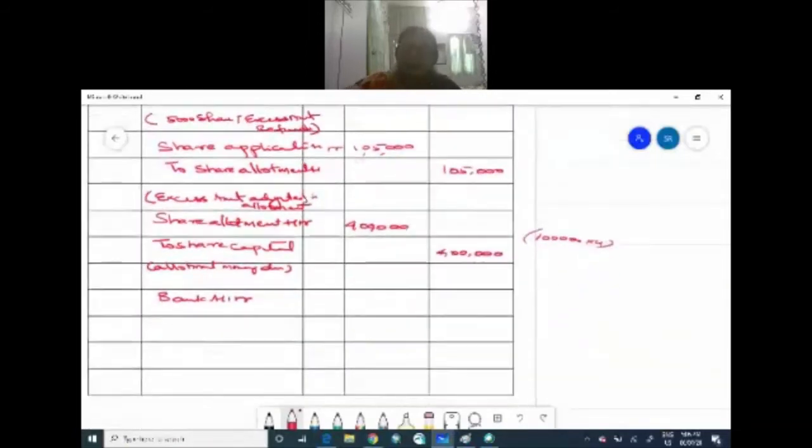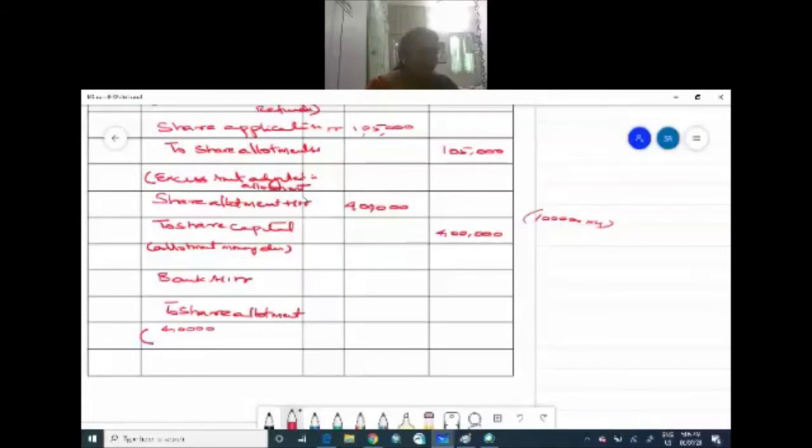So next you have bank account debit. Bank account debit to share allotment. So actually 4 lakh is due, right?